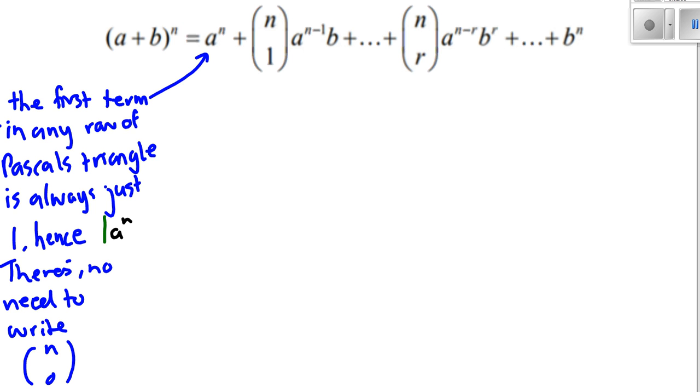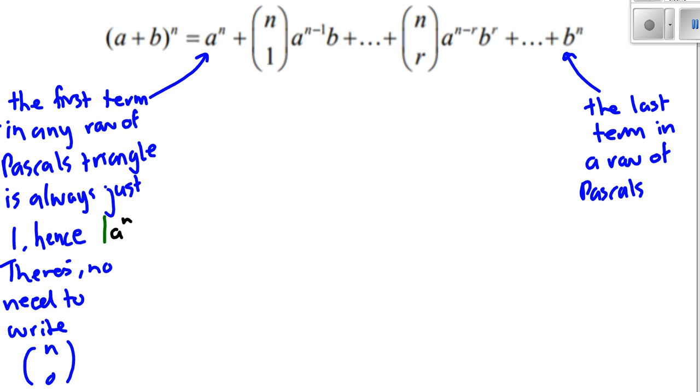Same thing that we kind of wrote here: the last term in a row of Pascal's triangle will also always be 1.